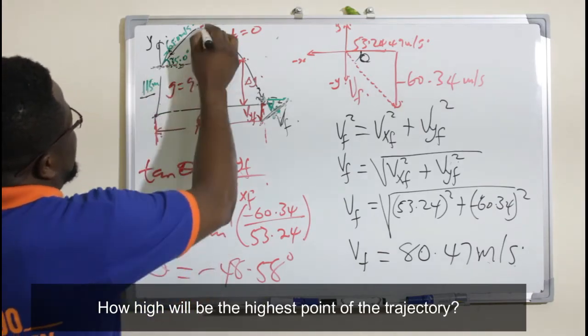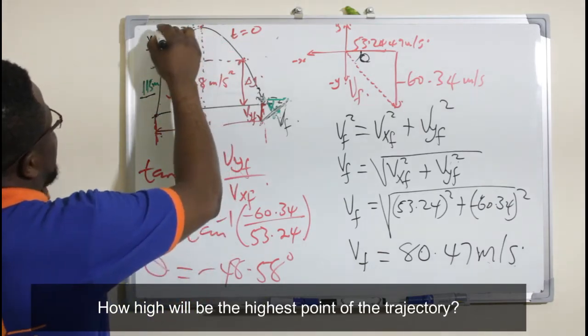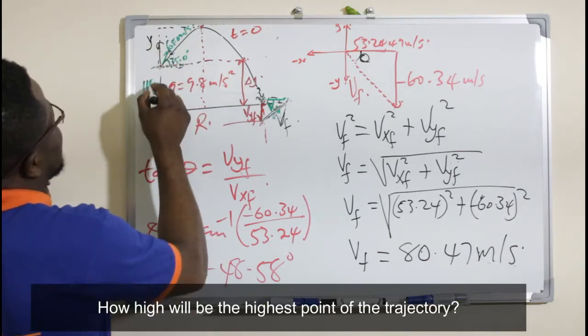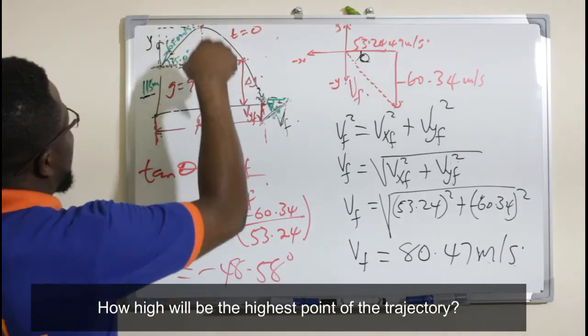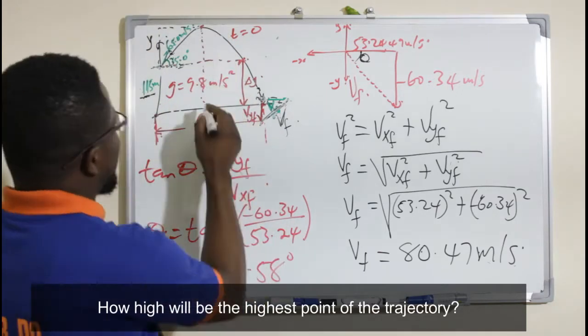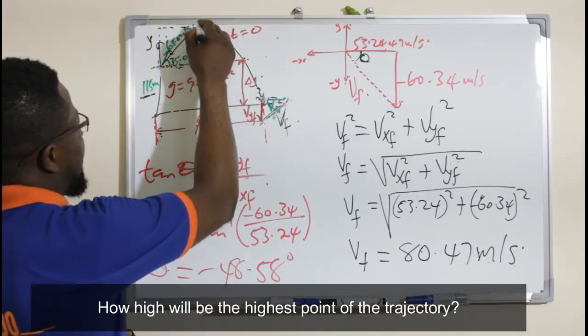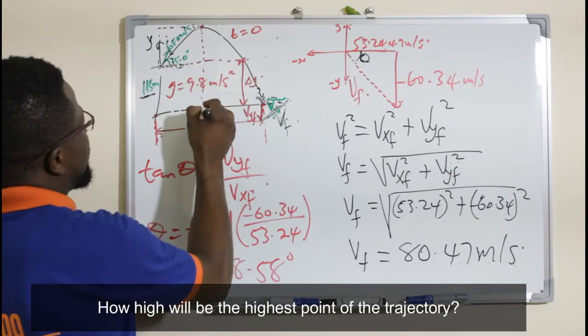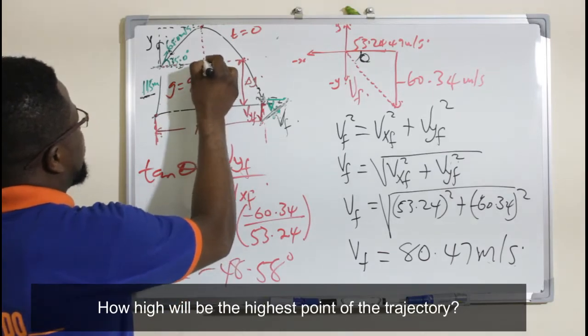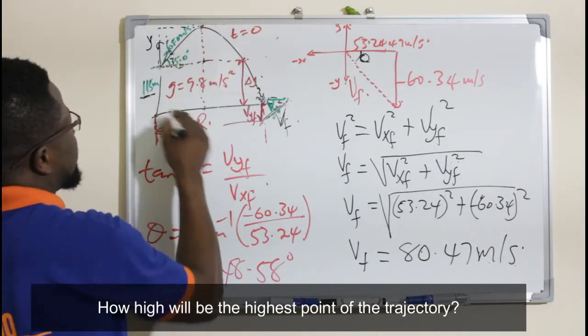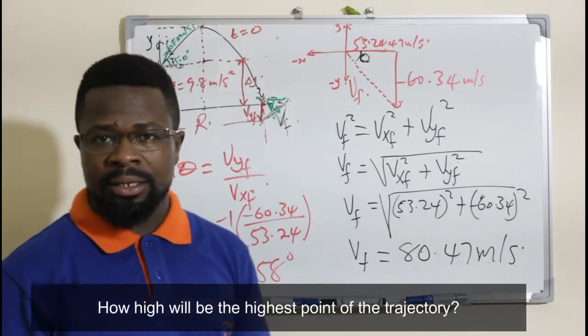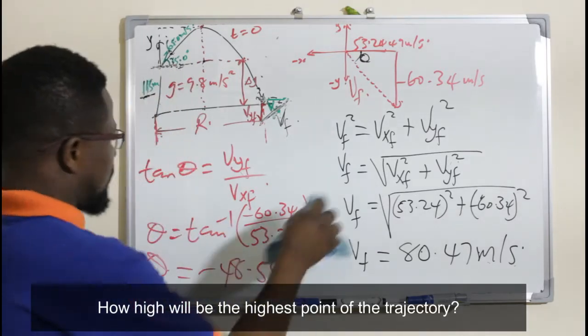Okay, so we need to find the maximum height, right? And then we will add that to this, and that will give you how high the point of the trajectory is. We're looking from here to here, and already we know from here to here, so we need to find from here to here and add that to this. So let's quickly start from there.